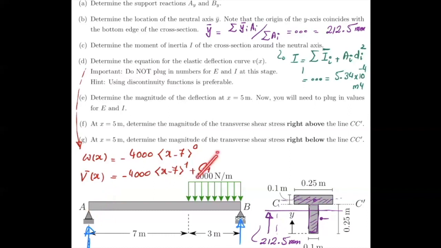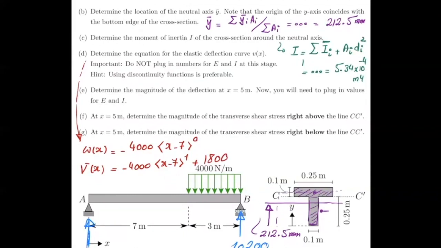So C1 is the shear force at x equals 0. Shear force at x equals 0 is exactly AY. Okay, so for that reason, instead of C1, I can just write plus 1800, which is AY.